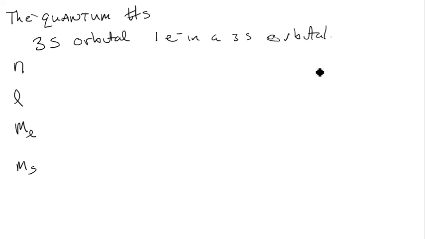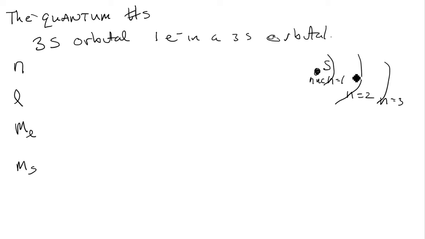So I have my nucleus, and then remember, n is equal to 1, n is equal to 2, n is equal to 3, and so on. In an n equal to 1 shell, there can only be an s orbital.